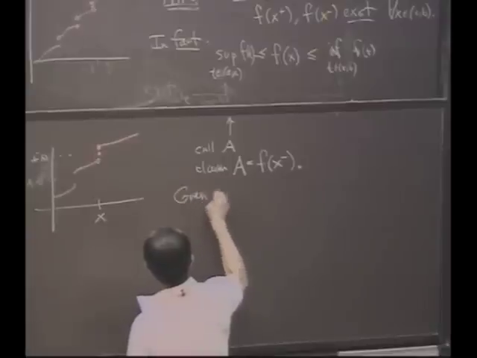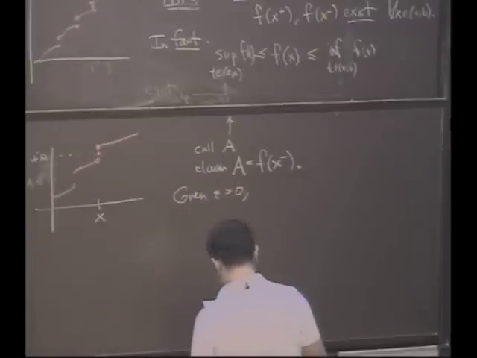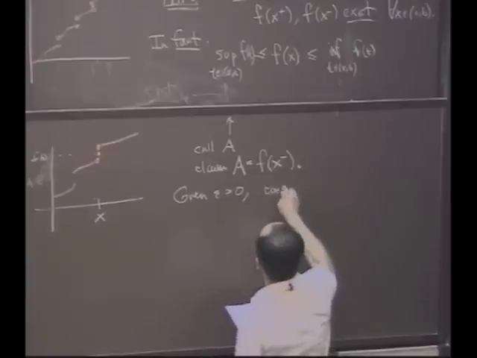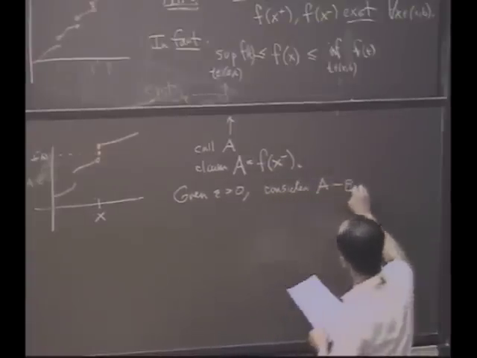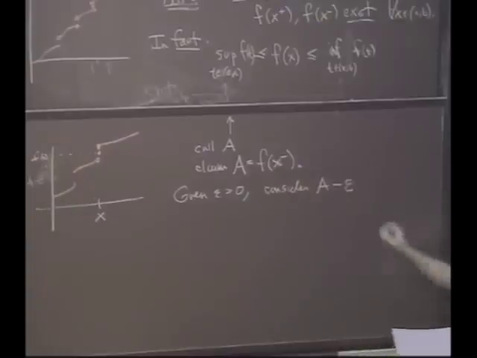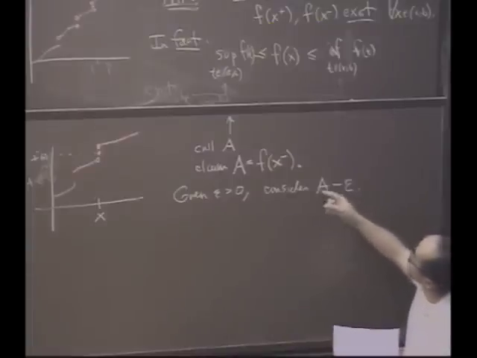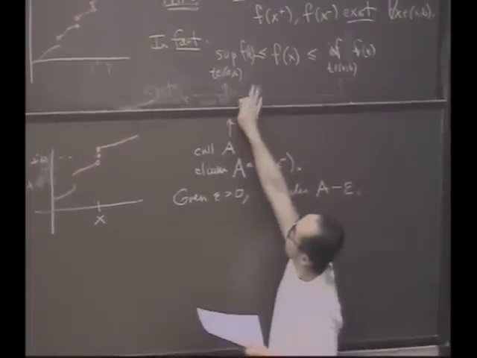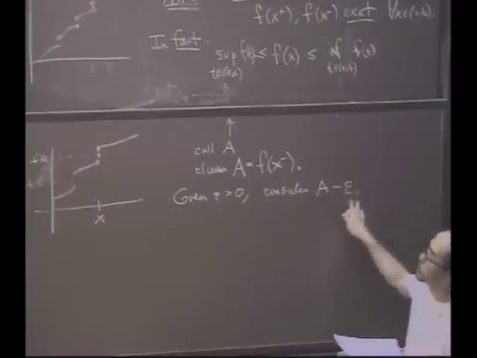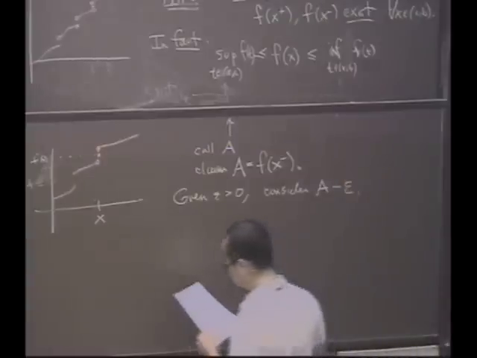So given epsilon bigger than 0, consider A minus epsilon. Well, if I look at this number A minus epsilon, certainly there are some values f of t that are bigger than this because it's a supremum.